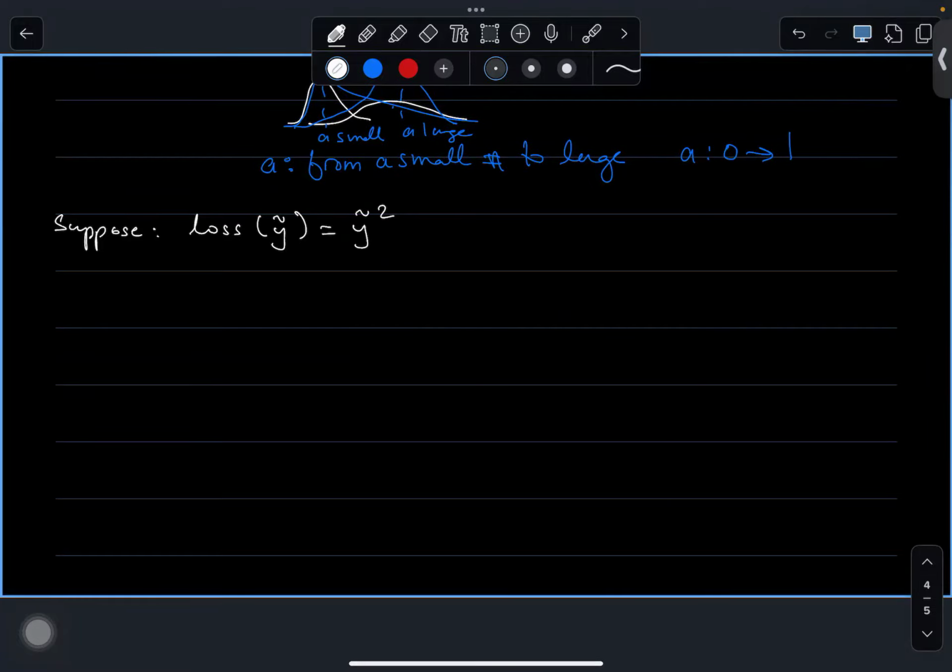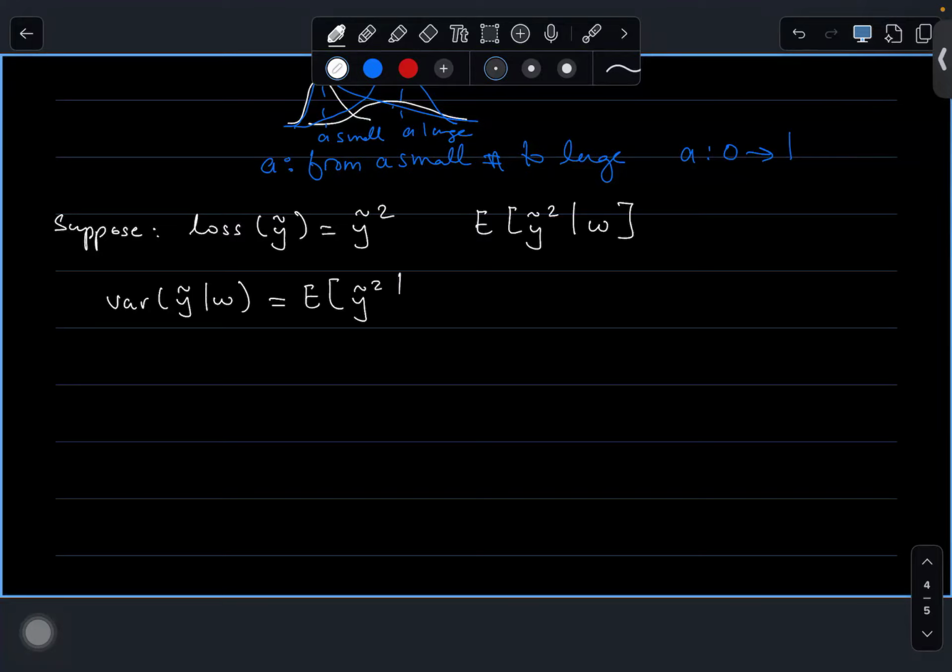So if the loss is a quadratic cost, then the expected value of this quadratic term is what we're trying to minimize. And anytime you see a random variable raised to the power 2, you should be thinking about variance. Why? Because remember, the variance of the error variable is the expected value of the squared term minus the square of the expected value.